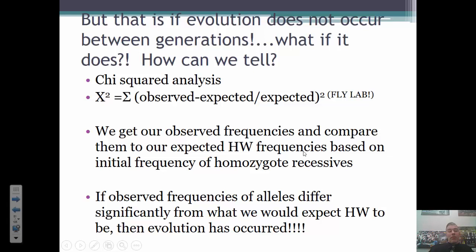Then we get our observed frequencies. We compare them to our Hardy-Weinberg frequencies based on initial numbers of homozygote recessives. And if the frequencies of the alleles differ significantly from what we'd expect Hardy-Weinberg to be, then evolution has occurred. Okay, we're going to practice that more in lab.